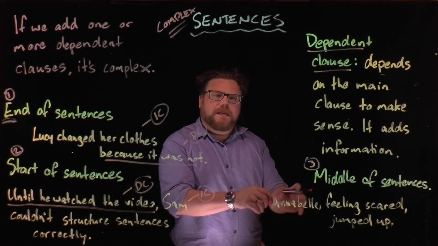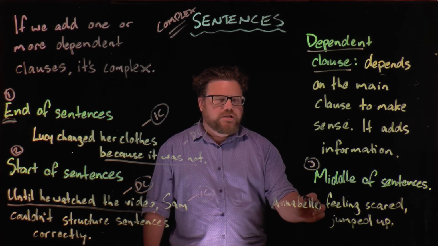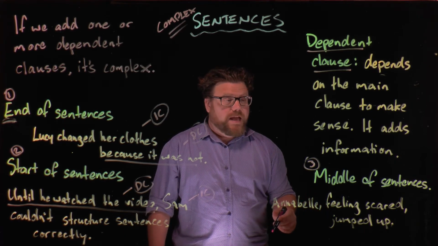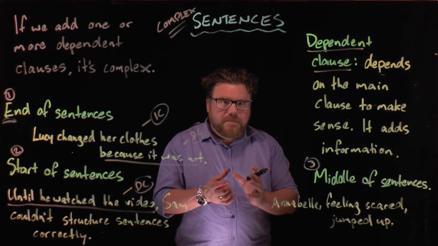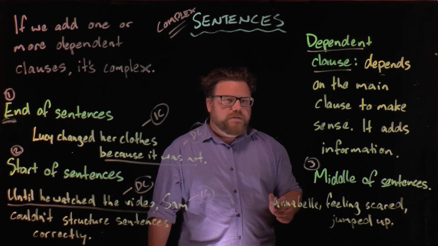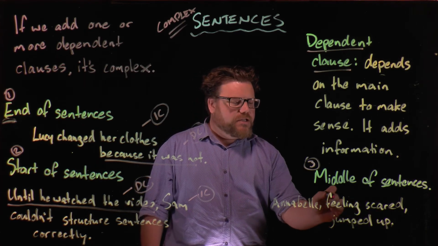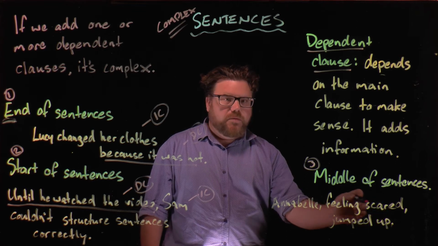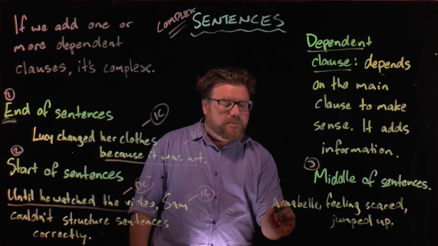I've got one more complex sentence over here that reads, Annabelle, feeling scared, jumped up. And this is to show that the dependent clause can actually come in the middle of the sentence. So if you look closely at this, if we were to take out the information that is in between these two commas here, we would have an independent clause that would make sense by itself.